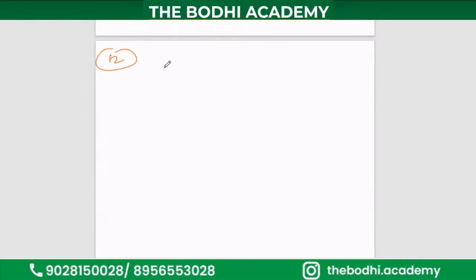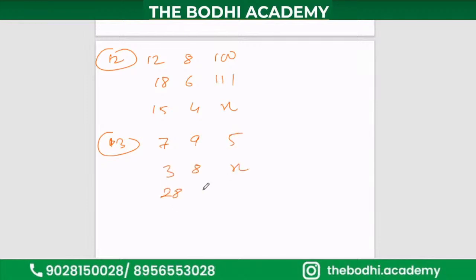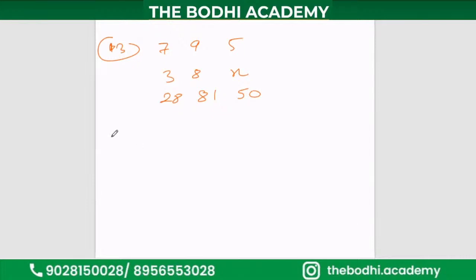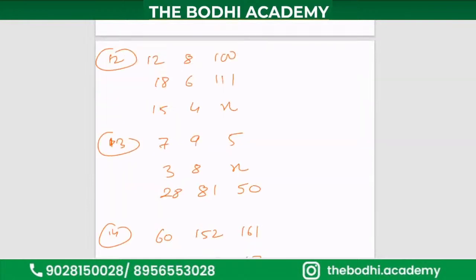Note it down and answer in the comment box. 12, 8, 100, 18, 6, 1, 1, 1, 15, 4 and x. 13th one: 7, 9, 5, 3, 8, x, 28, 81 and 50. 14th one: 60, 152, 161, 14, 18, 17, 15, 19, x. Note it down or take a screenshot of this page.